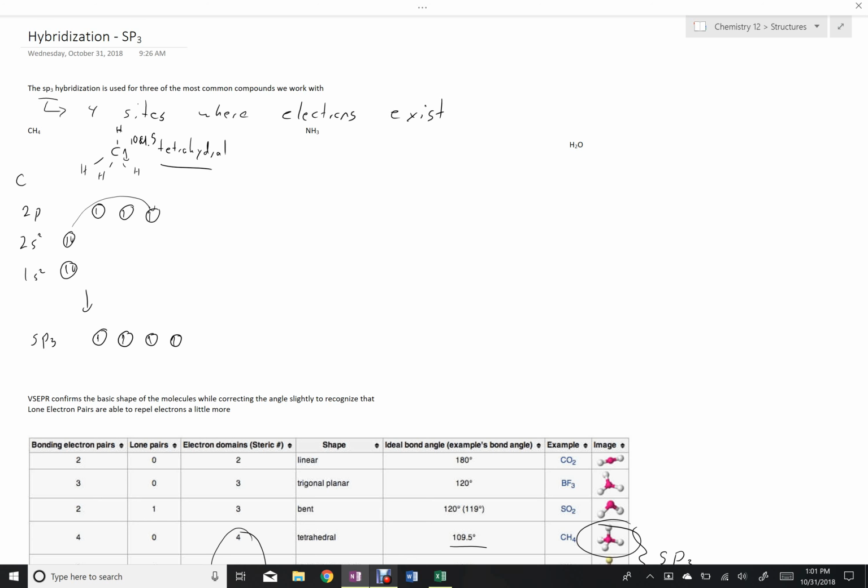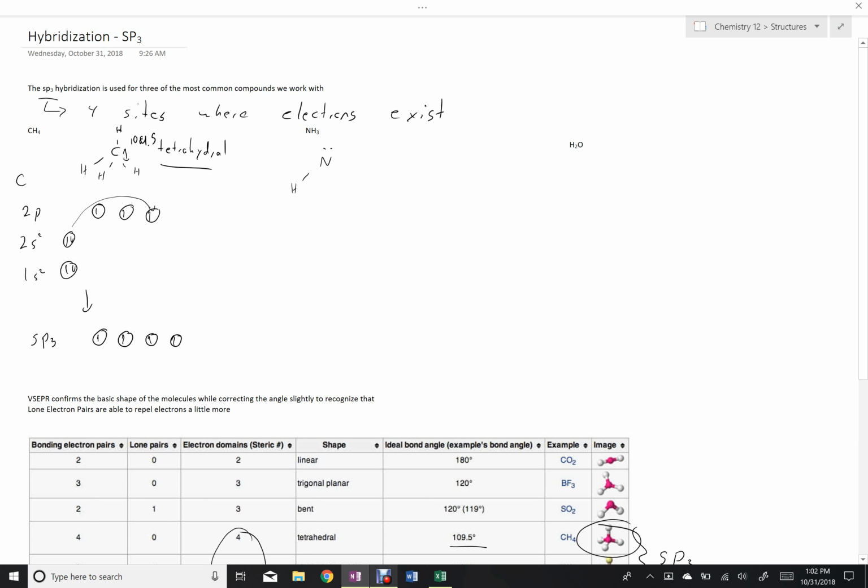So in this case, we don't have any lone pairs, so we're going to just get the normal tetrahedral angle of 109.5. In our future examples here, we will have lone electron pairs, and then we'll see that we are getting slightly different shapes, or slightly different angles.